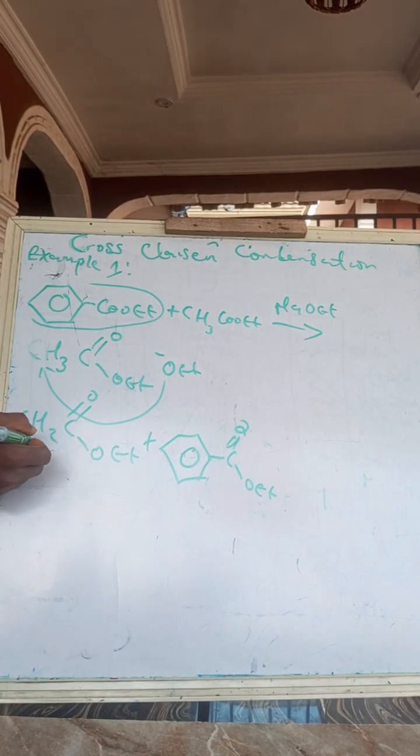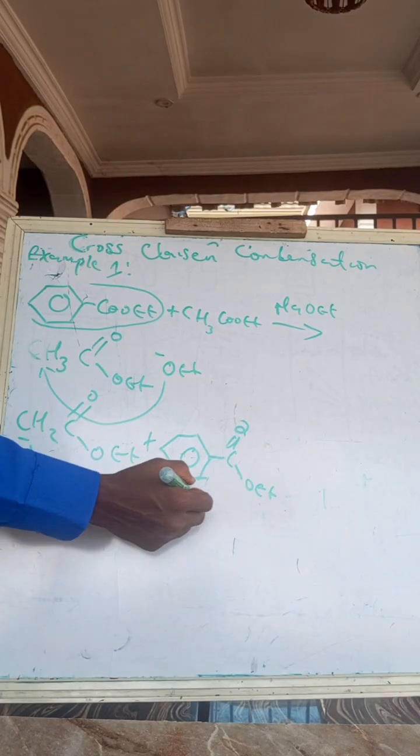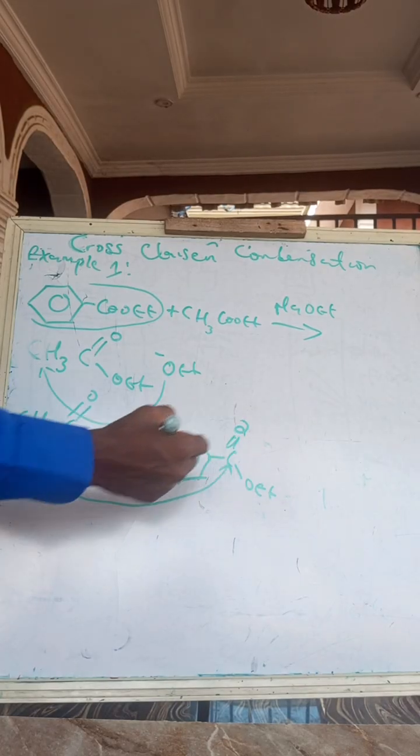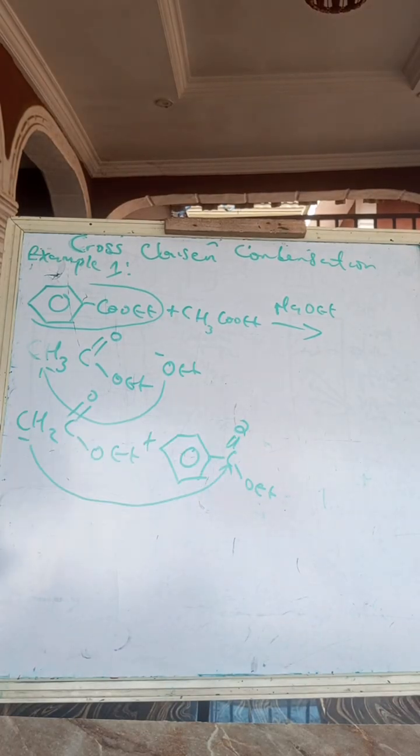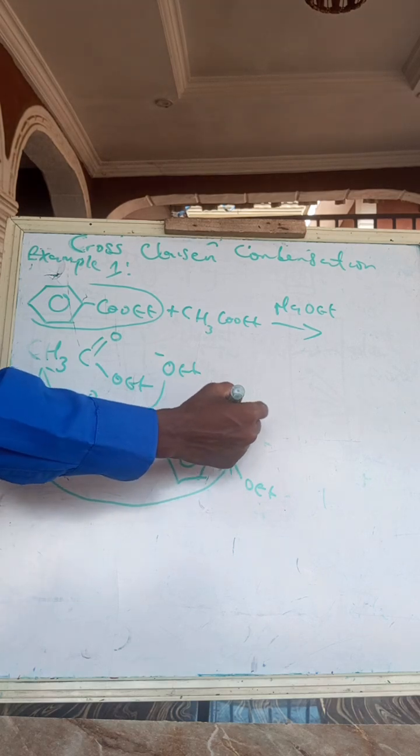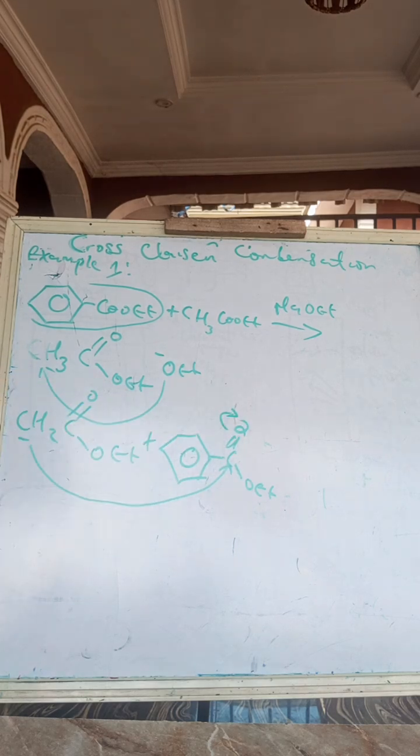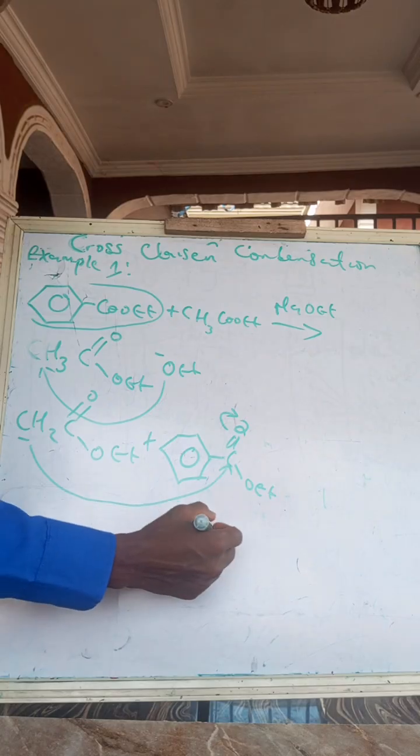So this enolate, the anion attacks the carbonyl group, causing the delocalization of the pi bond. So we form this.